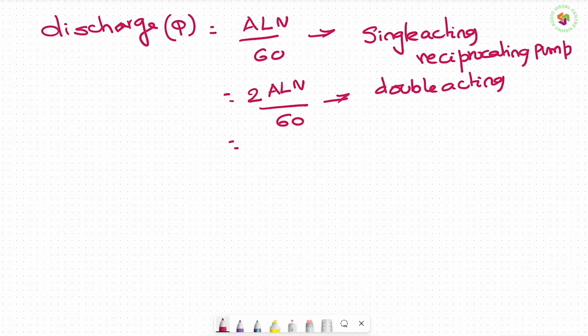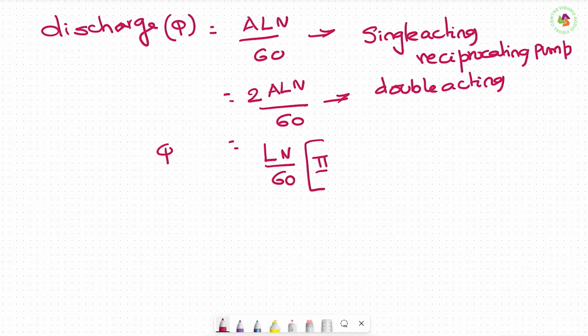Suppose some problem comes on double acting, giving the piston rod diameter also, then there is nothing to worry. It is basically LN by 60 into the areas only.